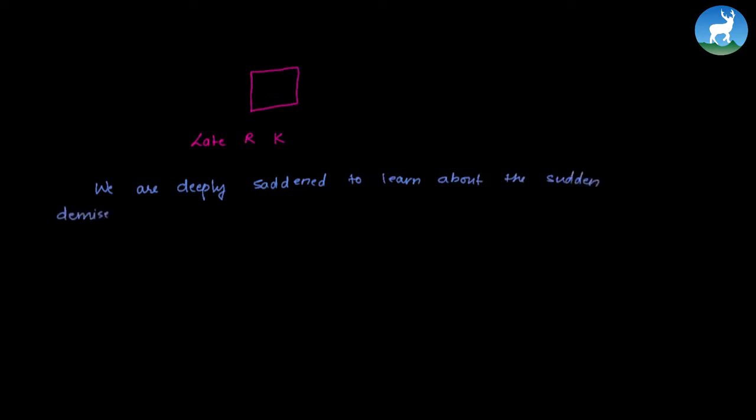So let's look at an example. Let us begin. So here I cannot draw a picture right now. Sorry for that. So late, maybe it's a person's name. We are deeply saddened to learn about the sudden demise of Mr. R.K., make it bold so that the people know, an English teacher at Patton School.